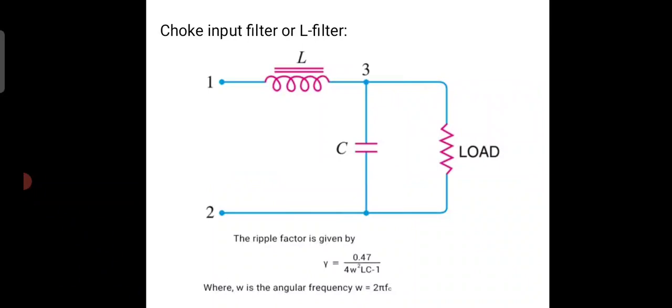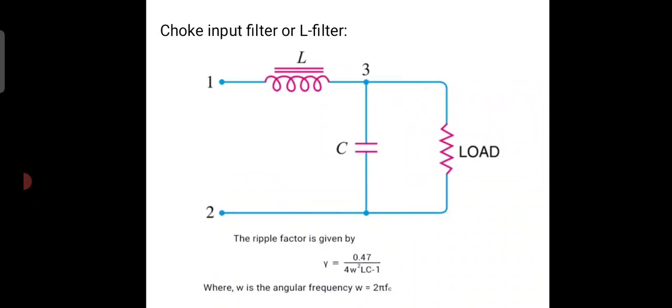A rectifier is not connected in this circuit, and the terminals are named 1 and 2, where 1 and 2 are the inputs of the L section filter.